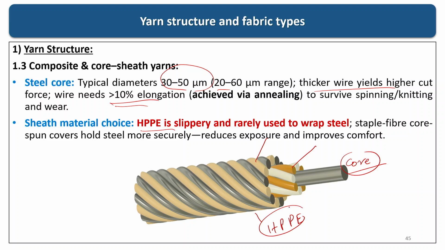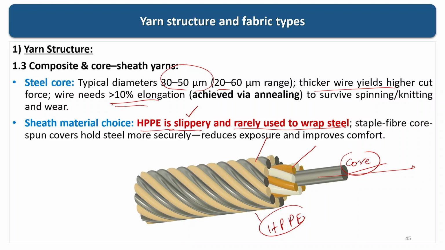Due to very low frictional contact, this HPPE may slip over the core. That means yarn structural cohesion may not be there, and that is why HPPE is rarely used in the wrapping of the steel.